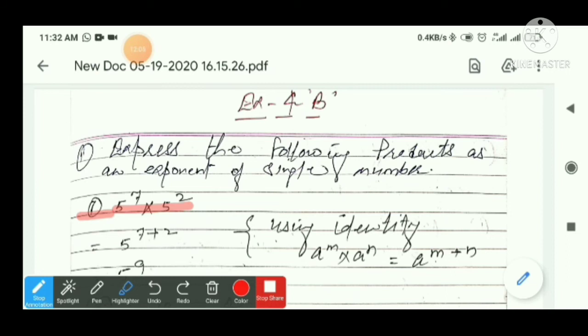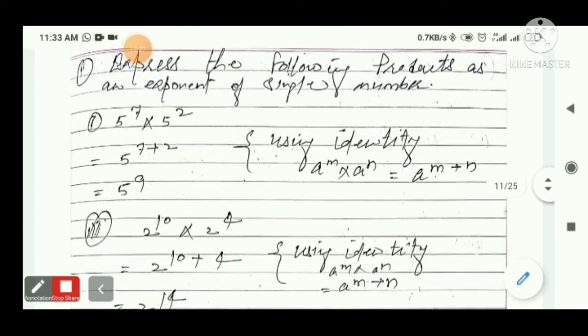You will follow this identity: a raised m multiply by a raised n. If the base is same, we will add the power. In product, if the base is same, we will add the power. It will be a raised m plus n. So it will be 5 raised 7 plus 2. It will be 5 raised 9. We will add the power here.